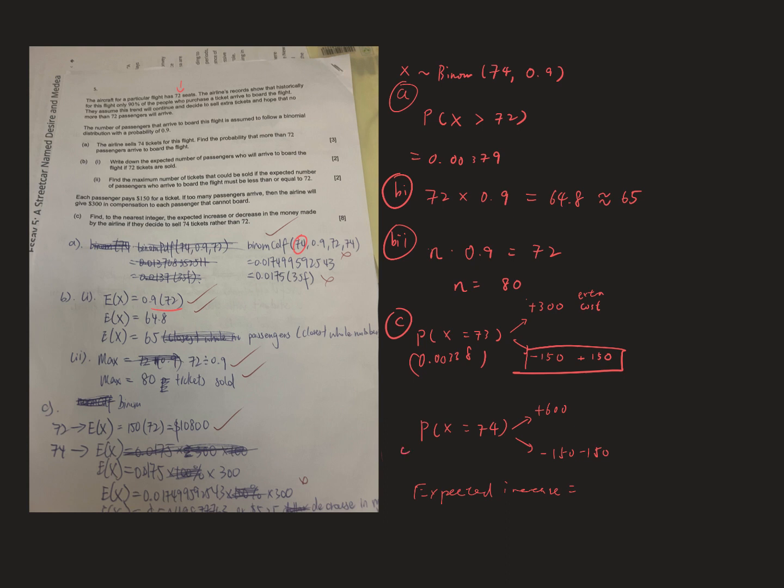This is 4.11098 times 10 to the power negative 4, multiplied by 600. This is the extra cost. Then plus 300 multiplied by 0.00338.